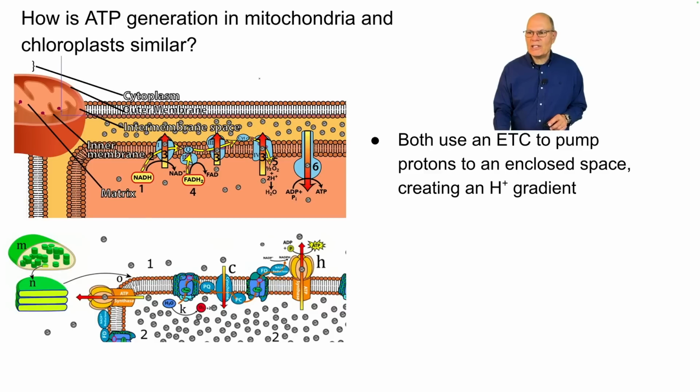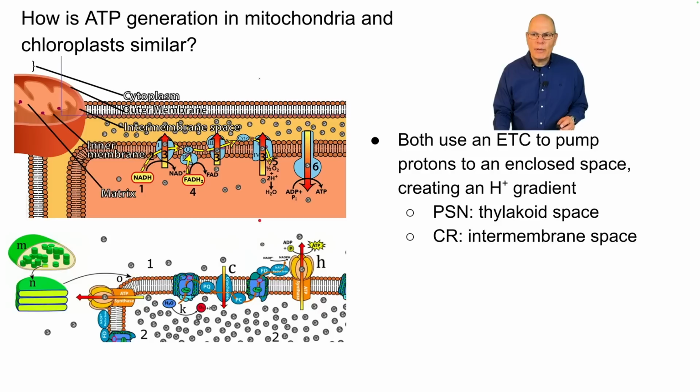Both of these processes use an electron transport chain to pump protons to an enclosed space, creating a proton gradient. And in photosynthesis, here's the electron transport chain. We're pumping protons from the stroma to the thylakoid space. In cellular respiration, we're pumping protons from the matrix to the intermembrane space.